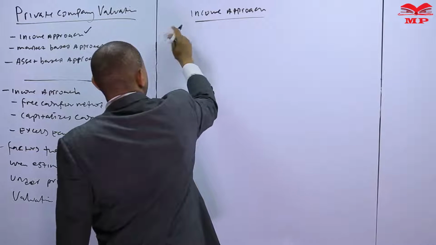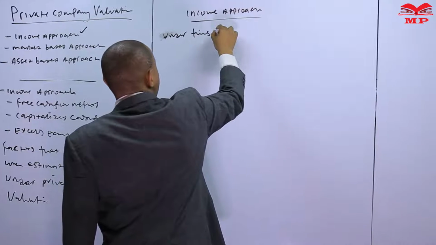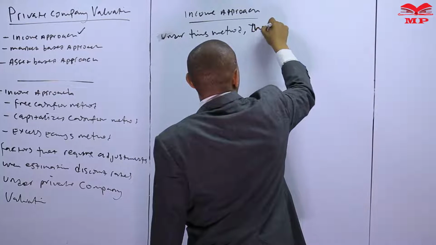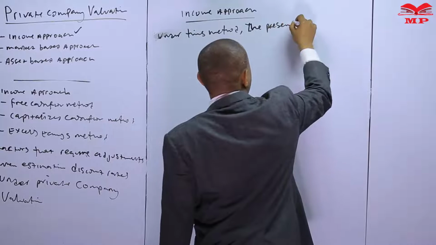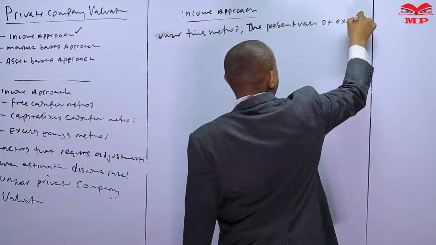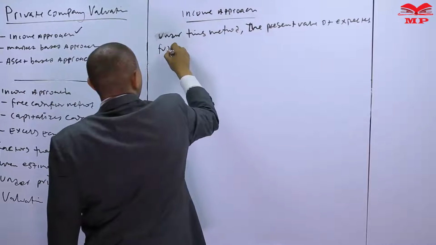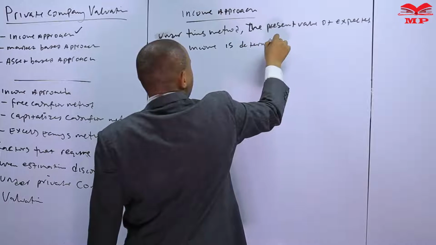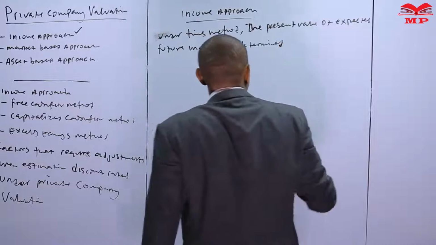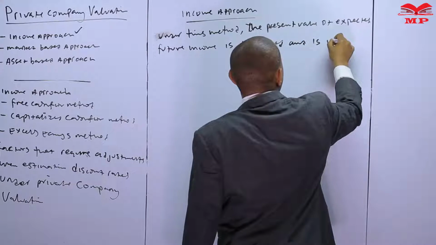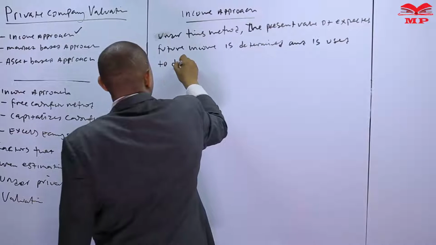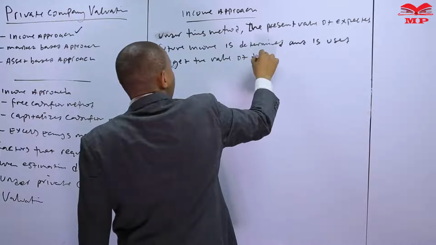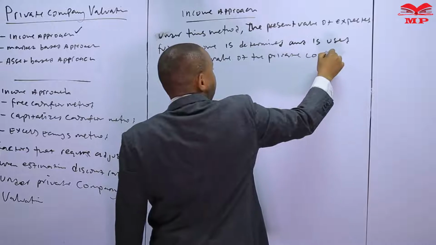Under this method, the present value of expected future income is determined and is used to get the value of the private company.